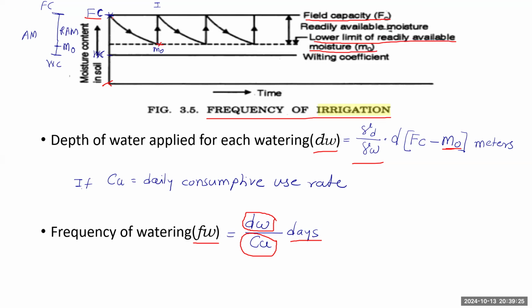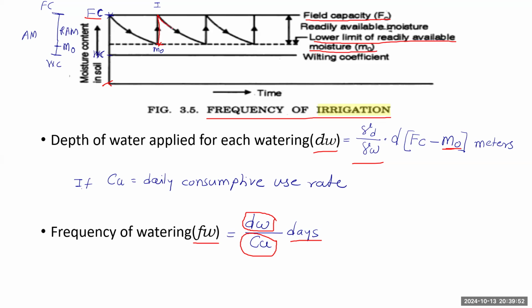FC is field capacity. The moisture content is up to field capacity. Then the crop starts using it, and then the moisture content decreases to the M0 value. So when it reaches M0, there is a need to add water. We have to apply water to the crop so that the moisture content again reaches field capacity.